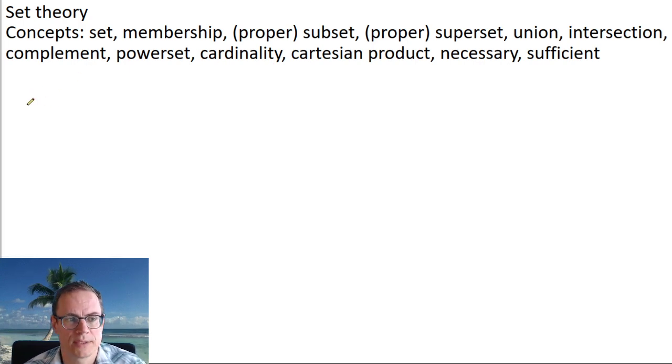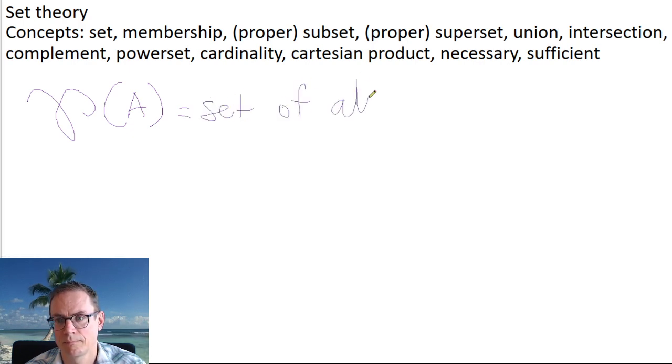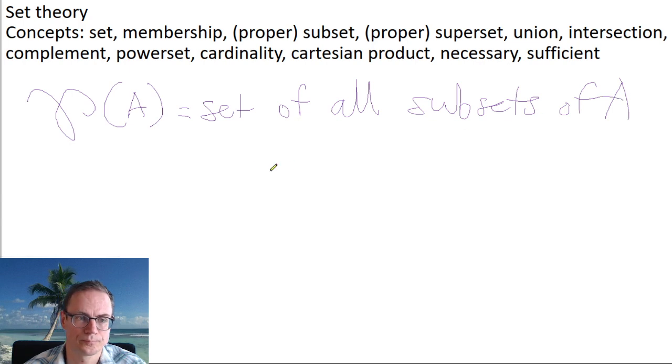Next up we have the power set, which we draw with a curly P and we apply it to a set. Now the power set of A is the set of all the subsets of A. So let's say that A is 1 and 2, the set containing 1 and 2.